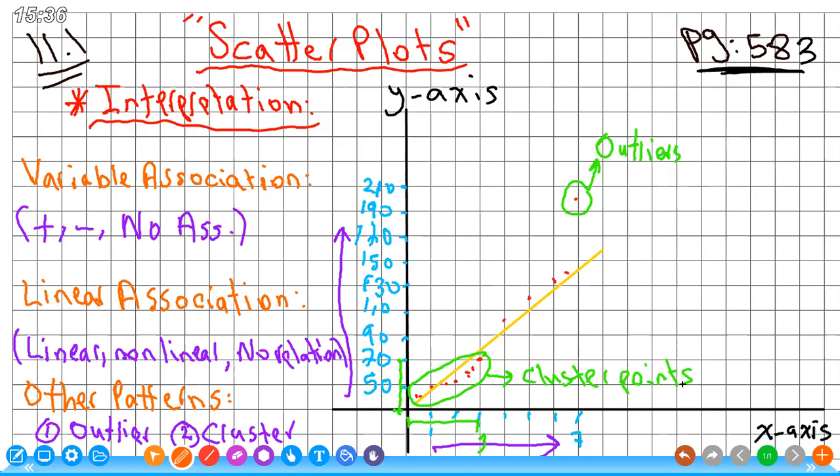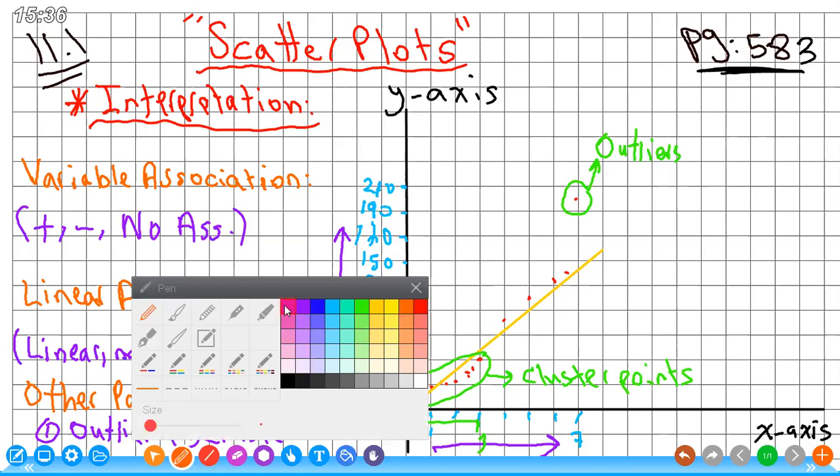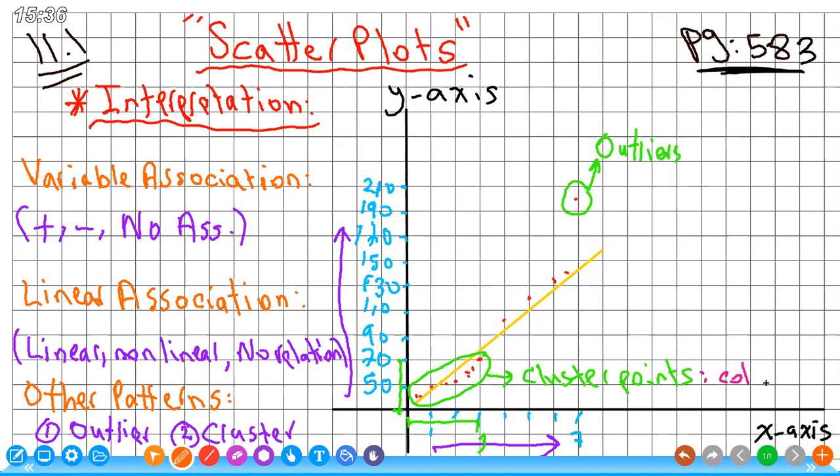I'm going to write the definitions, even though they are available in your book, just for your reference, okay? So cluster points: a collection of points that are close together.